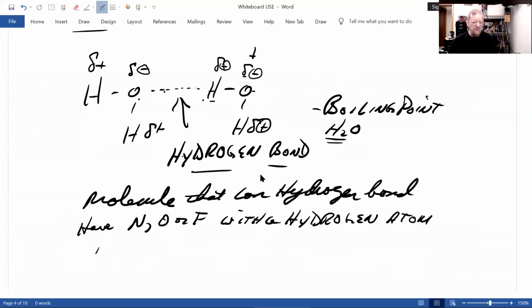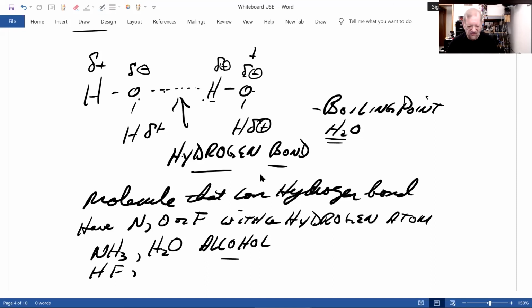So that means ammonia can hydrogen bond, hydrogen fluoride, water, and alcohols. If you take organic chemistry with Dr. White, I don't teach it at COD anymore, I teach it at ECC, alcohols also can hydrogen bond. And another example of molecules with a hydrogen and oxygen, sugar can hydrogen bond, which is why it's so soluble in water.